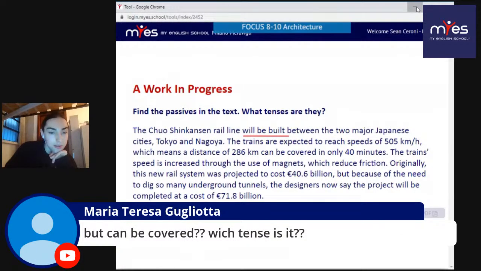"Can be covered." Which tense is it? Very good. What is "can"? Can is a modal verb. This is what we would call a modal passive, because we can have active modal sentences, so why can't you have modal passives?